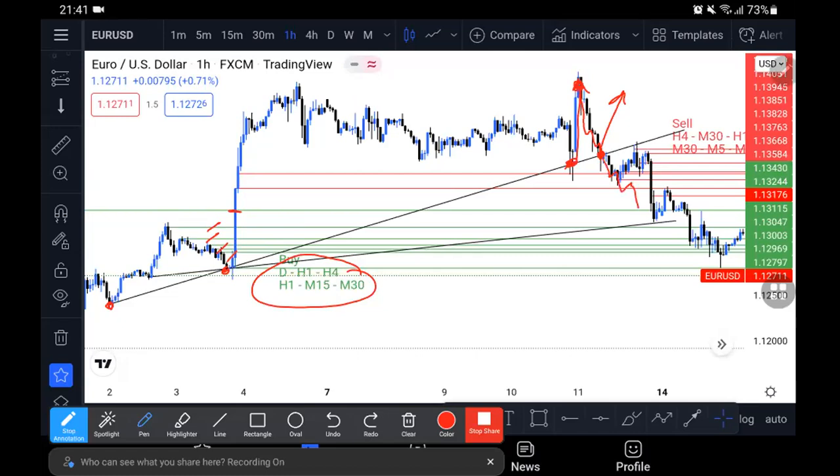So if you are selling, you still take sell over here or at any key level. So for this part, are you guys clear?